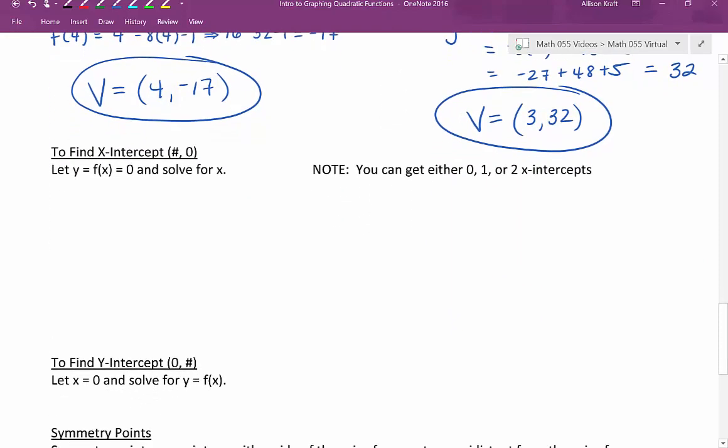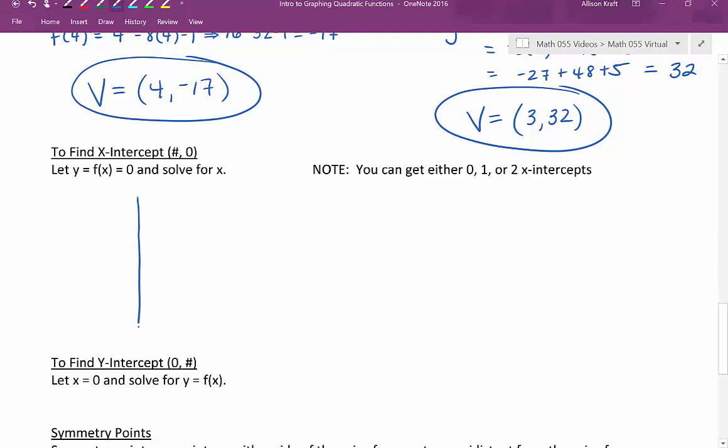To find the x-intercept of a quadratic function, we're going to do what we've always done. We're going to let y be equal to 0 and solve for x. Note that with a quadratic function, you can get either 0, 1, or 2 x-intercepts.